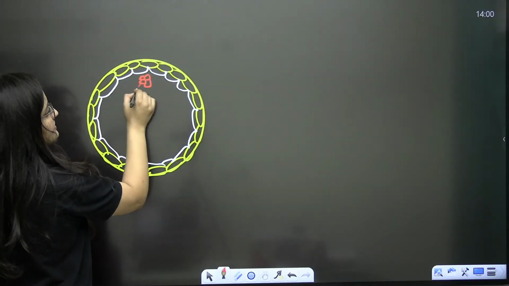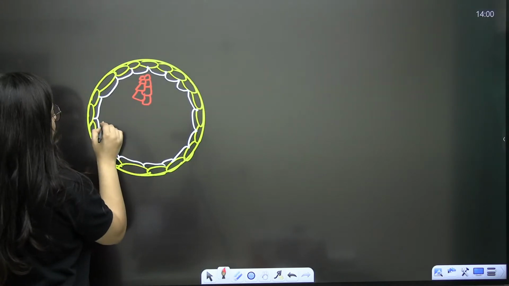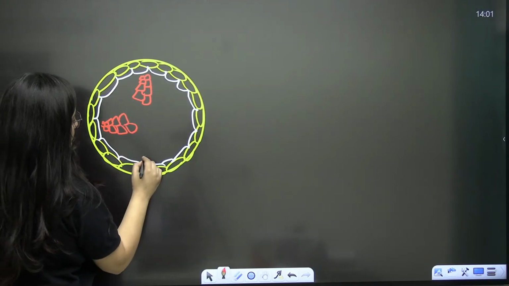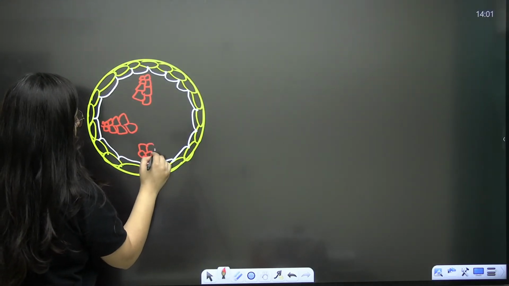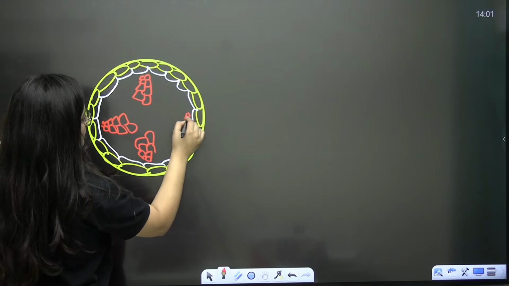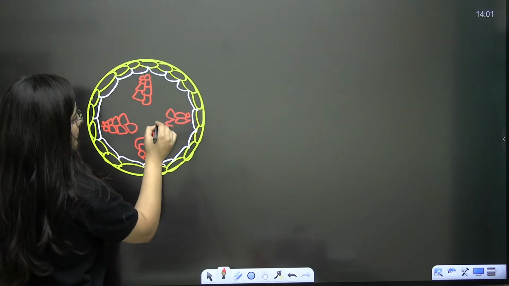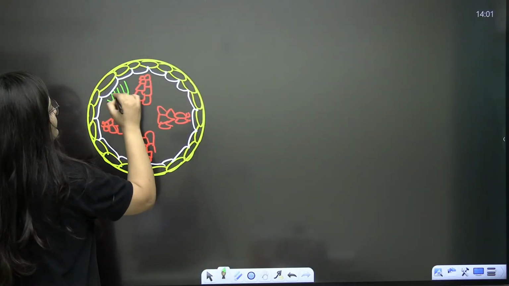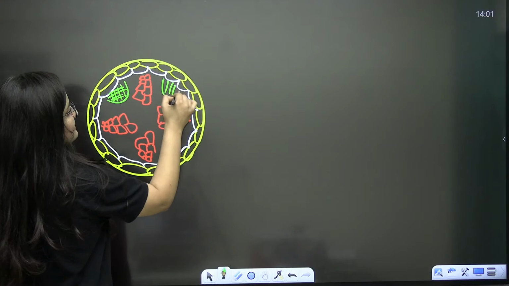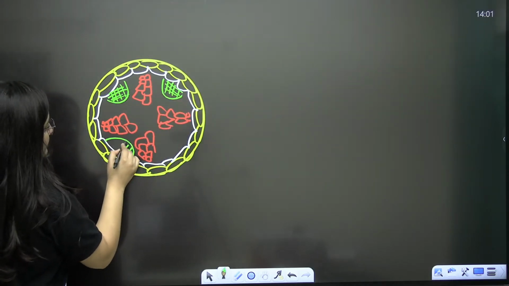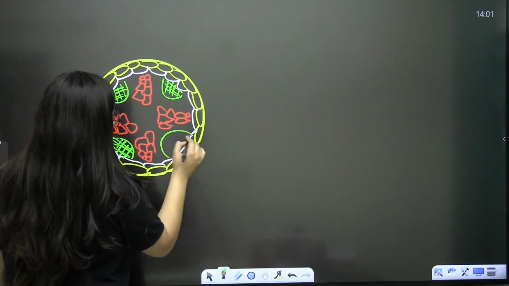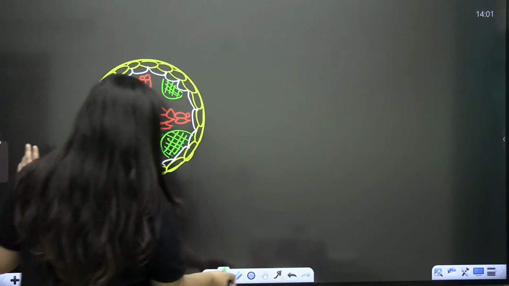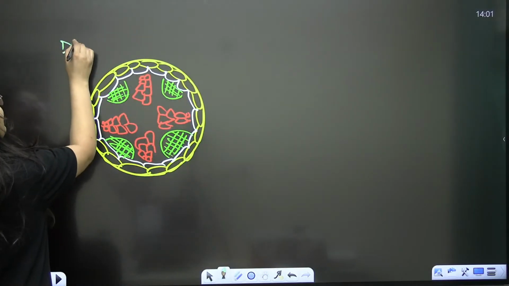That is how xylem is present, the protoxylem, and then comes the metaxylem. And here you will see the phloem. The cell shape is of course not proper, but that's how it is present. So it's a dicot root.